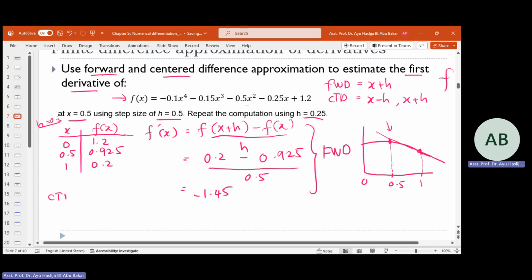Okay, try for centered, where it involves the x minus h and x plus h, divided by 2h. Sorry, fx plus h minus fx minus h.